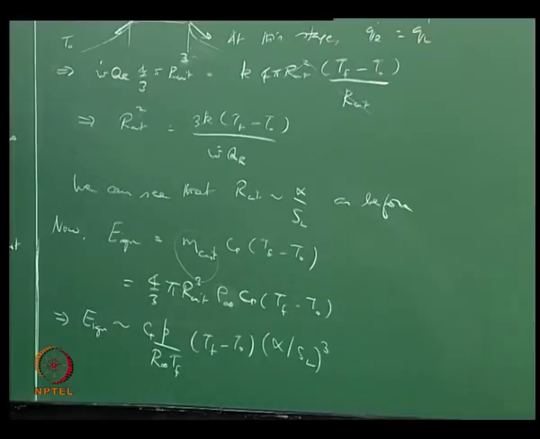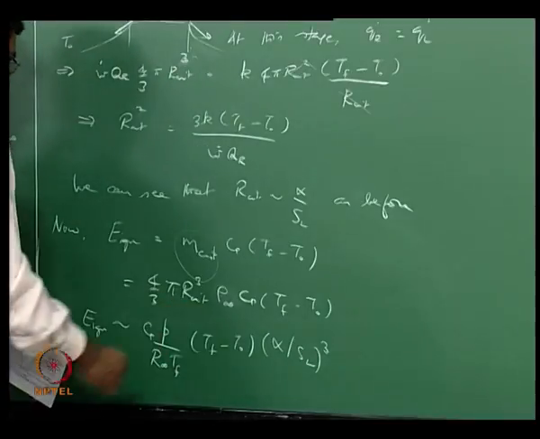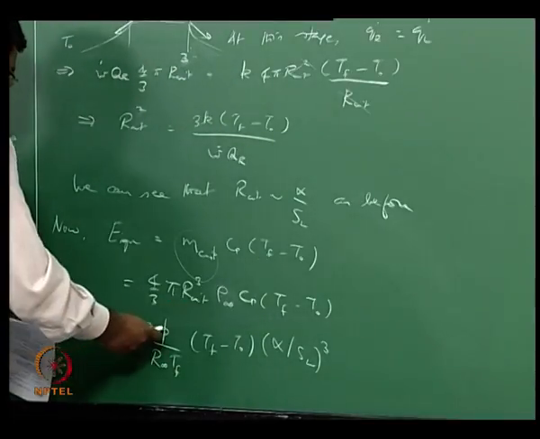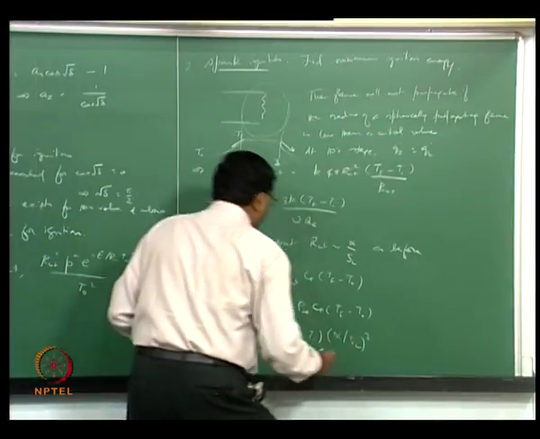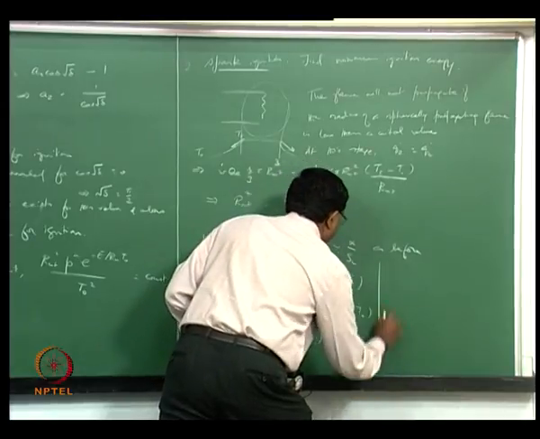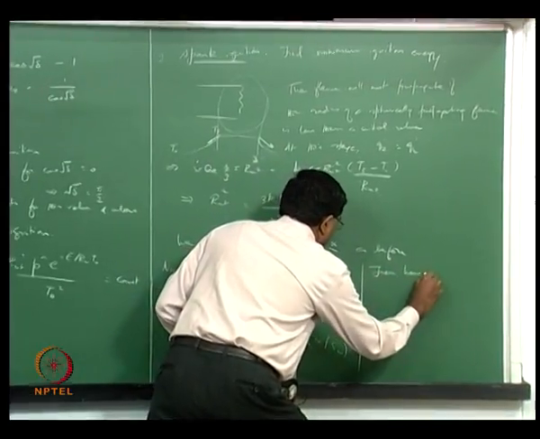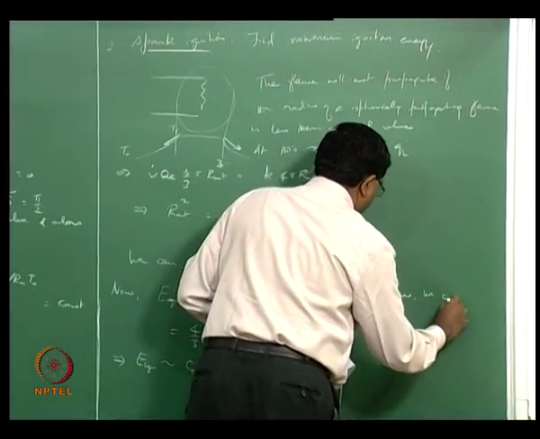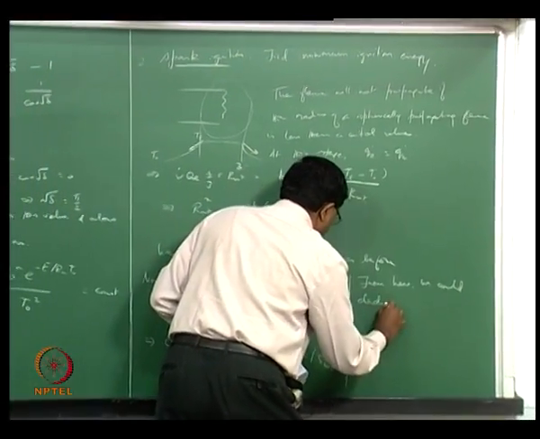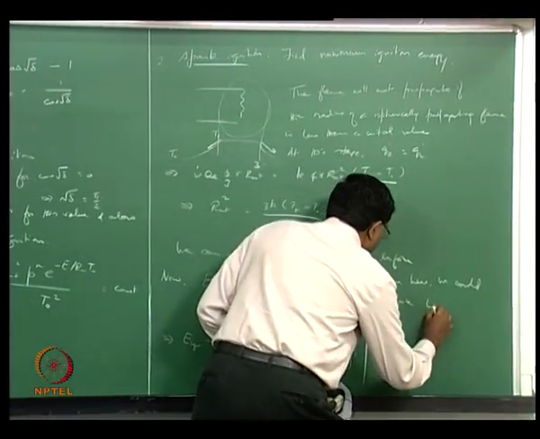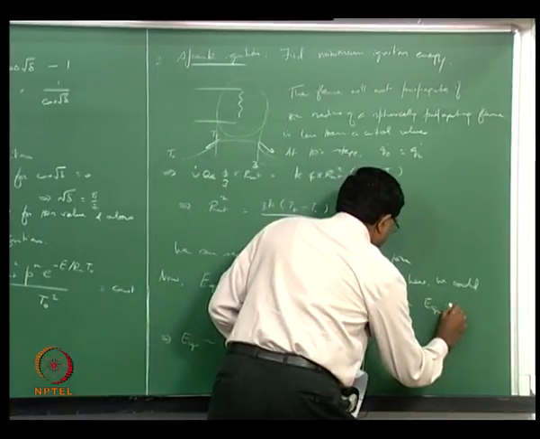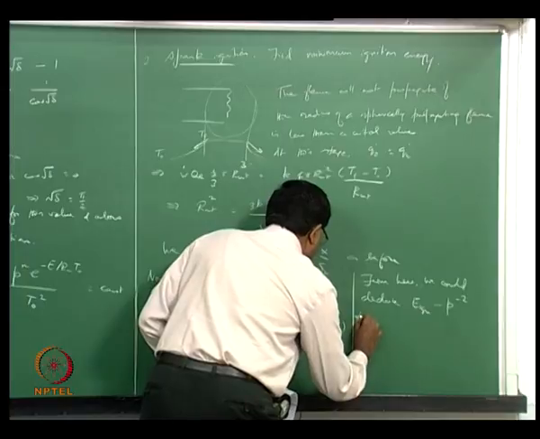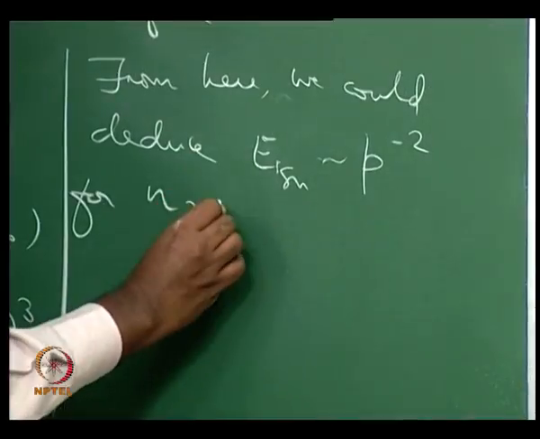right, and in fact putting everything together in terms of how the alpha depends on pressure and the pressure dependence here itself and SL's pressure dependence, we will retrieve from here, we could deduce that E ignition goes as P to the minus 2 for n approximately equal to 2.